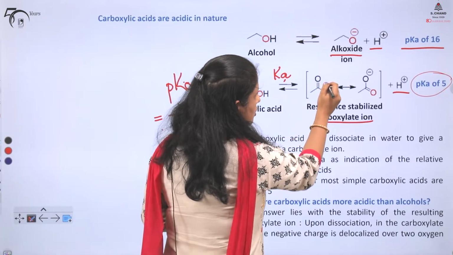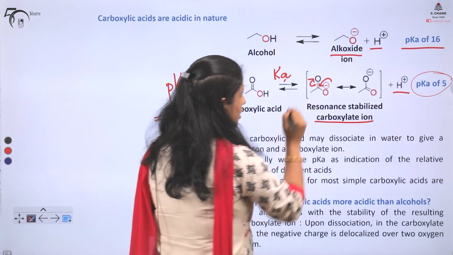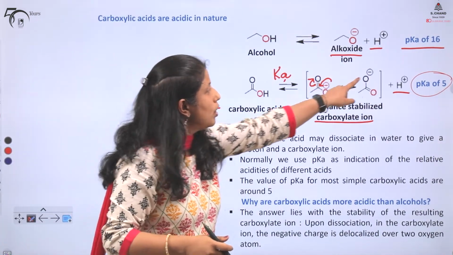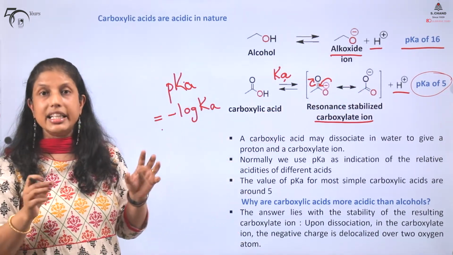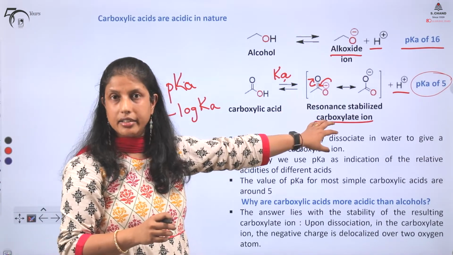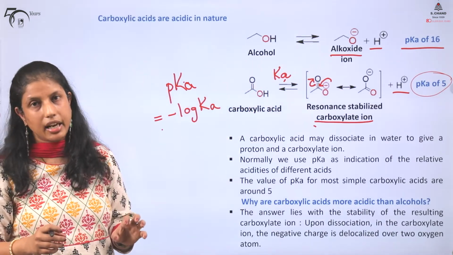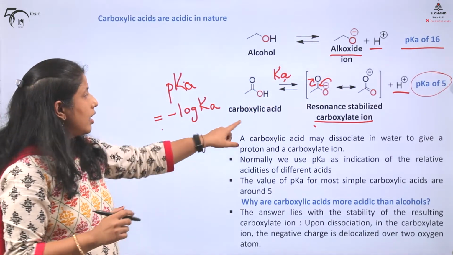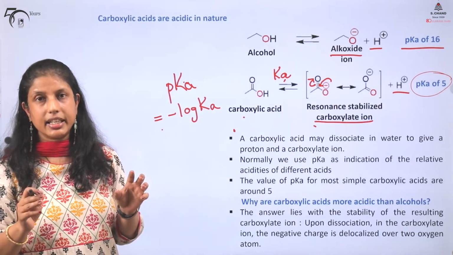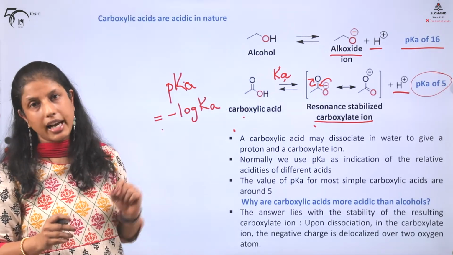This negative charge gets delocalized through resonance stabilization over 2 oxygen atoms, leading to a greater stability of the carboxylate ion. This is not possible in the case of alkoxide ions, and therefore carboxylic acids are much more acidic in nature compared to alcohols.